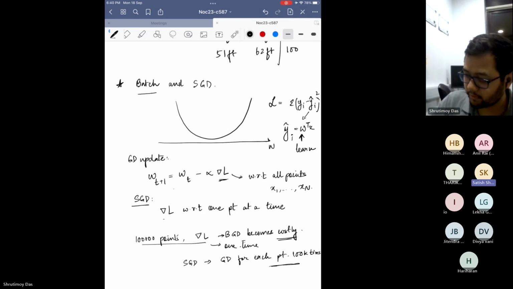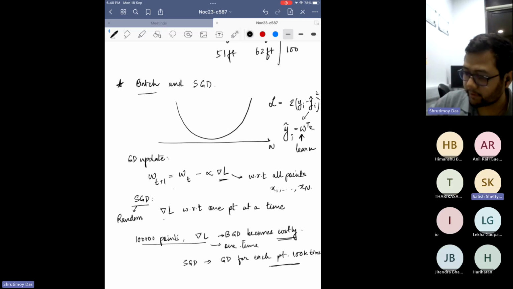What are the advantages of batch actually? The advantage is that in stochastic gradient descent you are randomly sampling a point, so this is a random type of algorithm. Sometimes your loss may decrease, sometimes it may not, because you are computing the gradient with respect to each point.